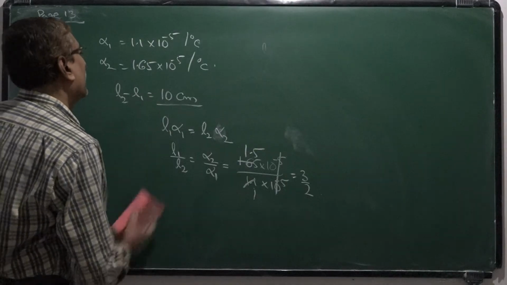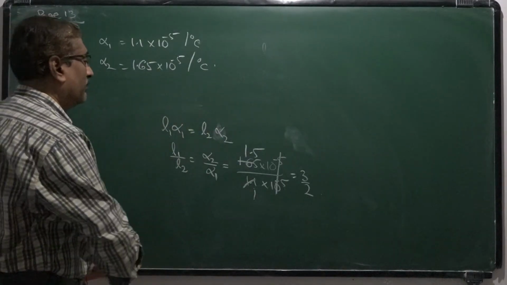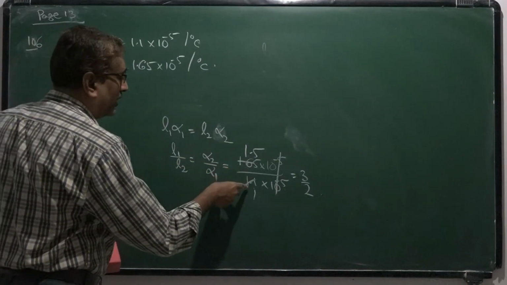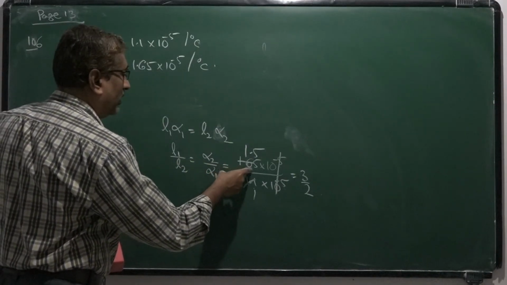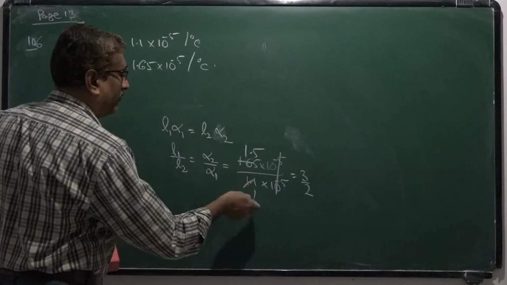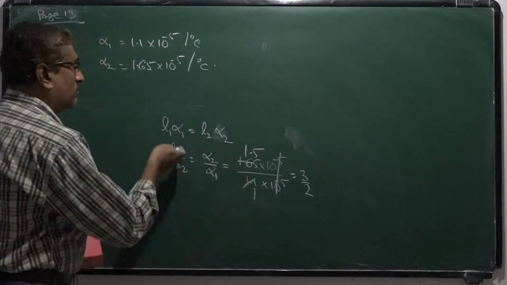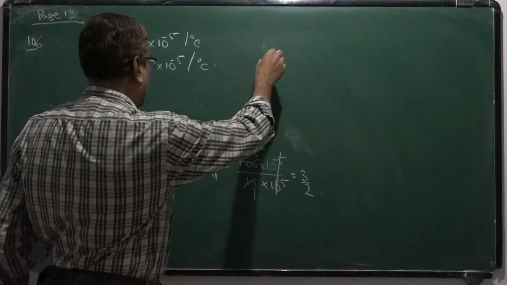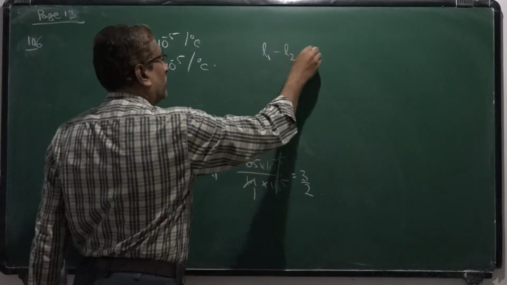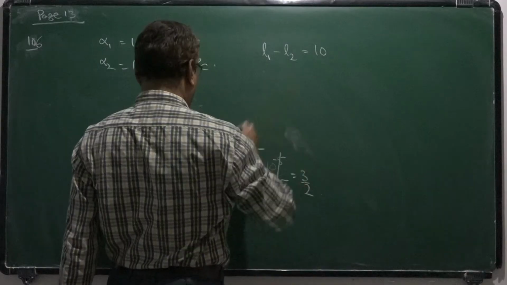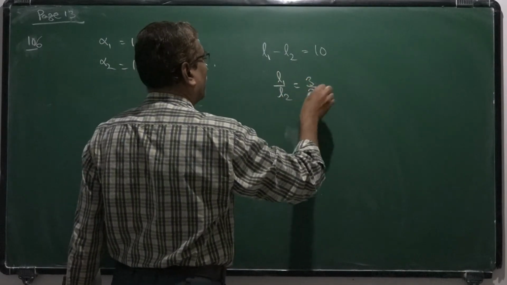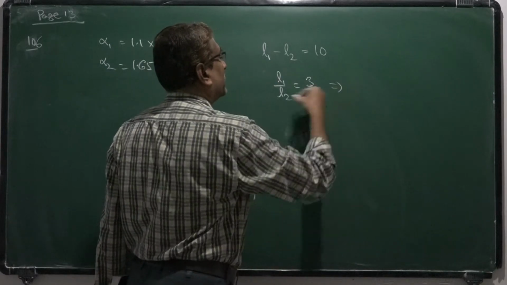Okay, L1 minus L2 we have to take like this, because the linear coefficient of L2 is more compared to L1. Anyway, you can take like this, L1 minus L2 equal to 10, and from this relation L1 by L2 is 3 by 2. So, L1 is greater.